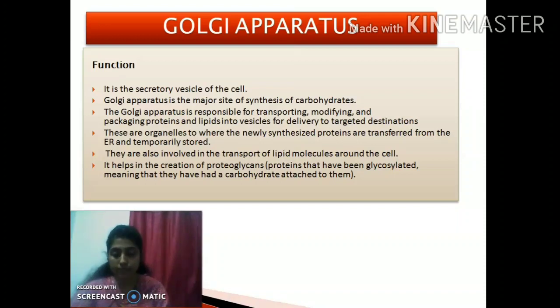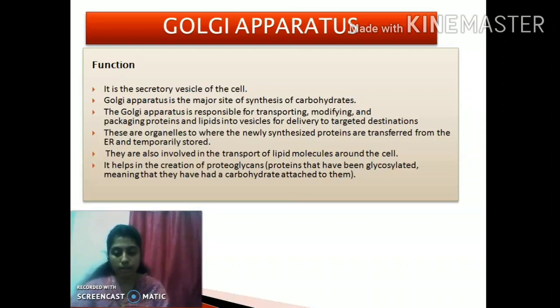Now, we have already discussed that the endoplasmic reticulum is responsible for synthesizing proteins with the help of ribosomes, right? Ribosomes are the sites of protein synthesis, all of us know that. The ribosomes remain attached to the outer surface of the rough endoplasmic reticulum, so these ribosomes act as the sites of protein synthesis in the endoplasmic reticulum, right?